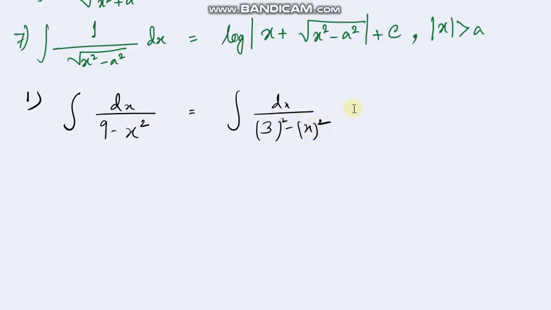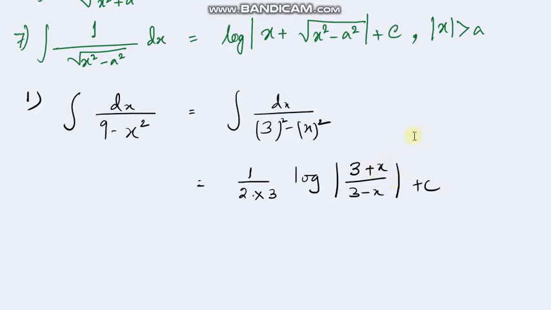Now which formula to be used? Just check formula number 2, that is a square minus x square. If I apply the formula, it will be 1 divided by 2a, then log of a plus x divided by a minus x plus c. So this is a simple use of formula.